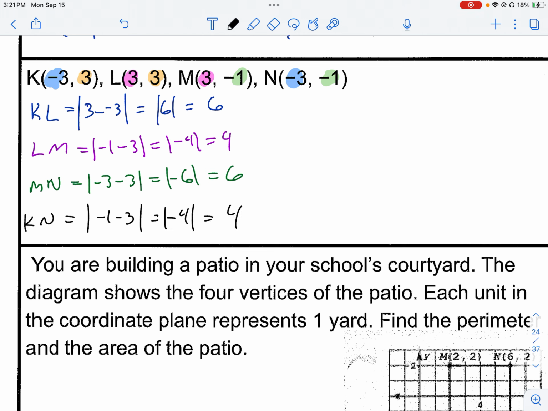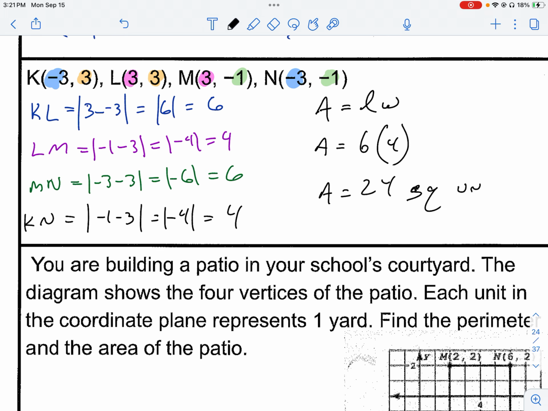So we have a rectangle. The area of a rectangle is length times width. So we got 6 times 4. And we have 24 square units.